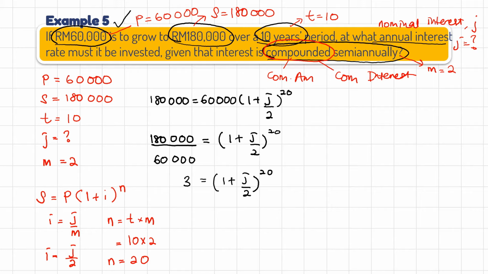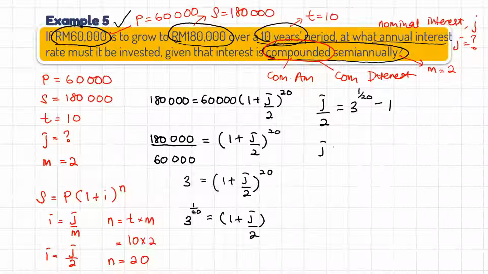Simplify the equation, we will get 3 to the power of 1 over 20 equals 1 plus J over 2. Therefore, J over 2 will equal 3 to the power of 1 over 20 minus 1. So J will equal 2 times 3 to the power of 1 over 20 minus 1.